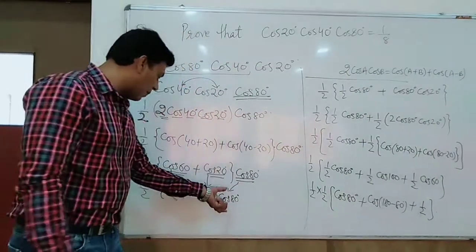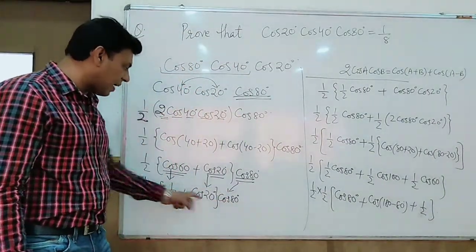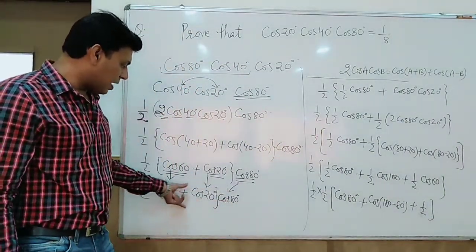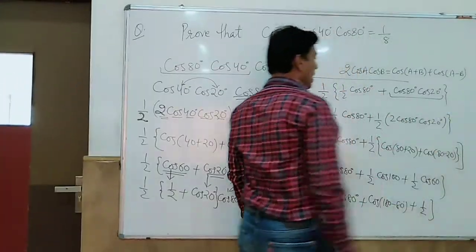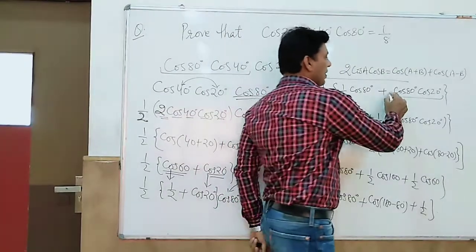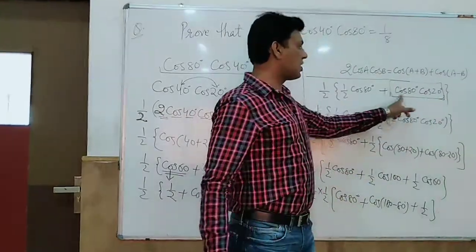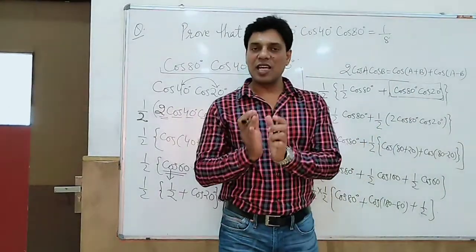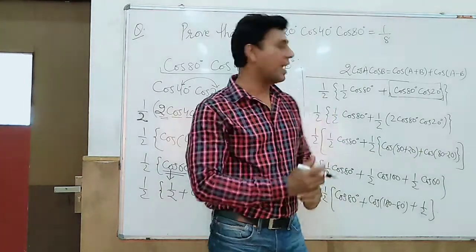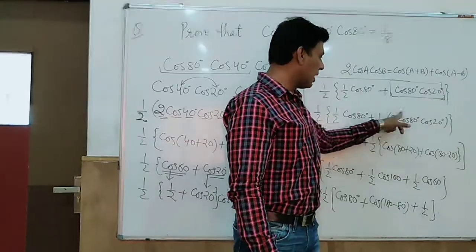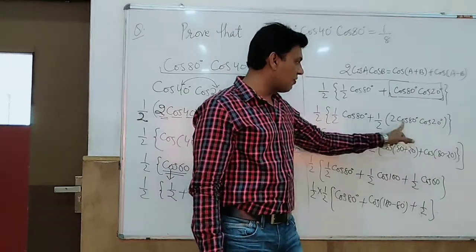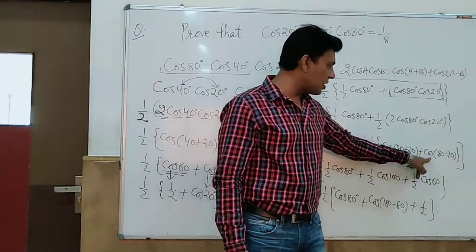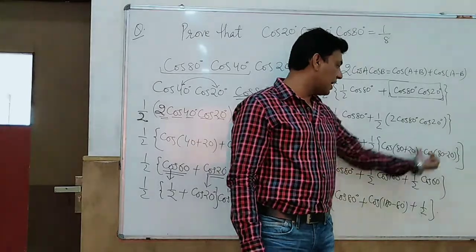Now moving further, see this. We can multiply cos 80 degree inside the bracket. So half plus cos 20 into cos 80. Now again you are coming with the product of two cosines, that is cos 80 cos 20. So there is scope for applying the formula again. So we can multiply and divide by 2, so 2 cos A cos B. Apply the same formula, cos A plus B plus cos A minus B, between 80 and 20.